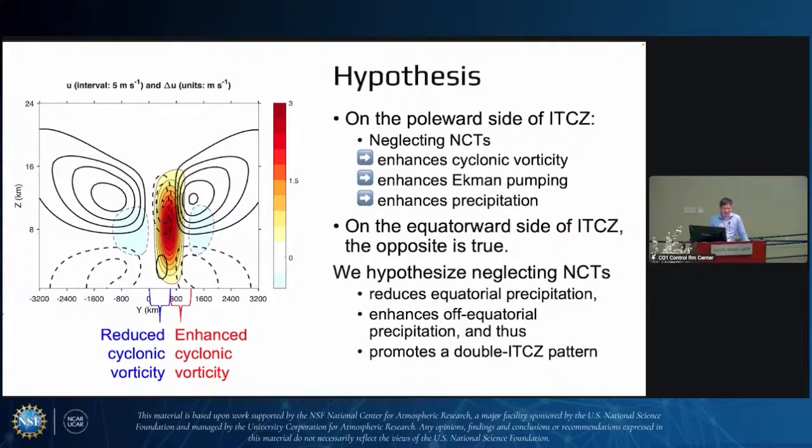So we hypothesize that if we neglect non-traditional Coriolis terms, there will be reduced equatorial precipitation because of the lacking vorticity tilting, which leads to a change in Ekman pumping in the boundary layer.